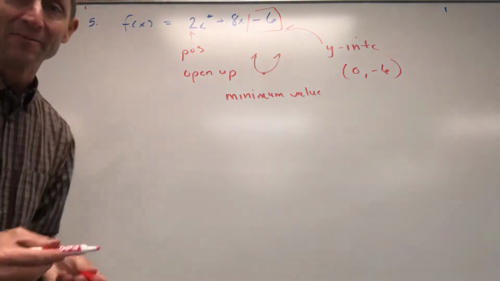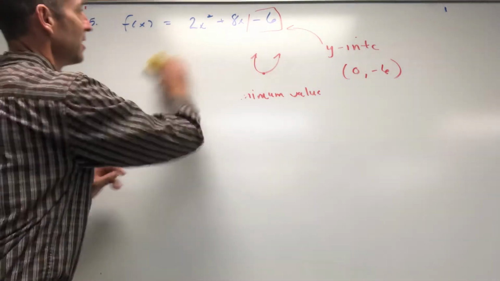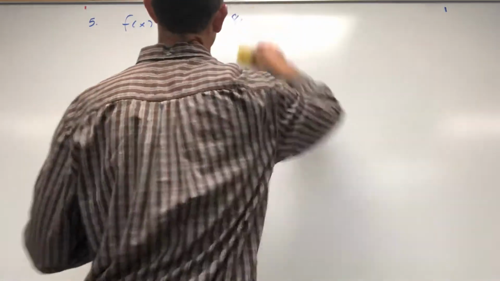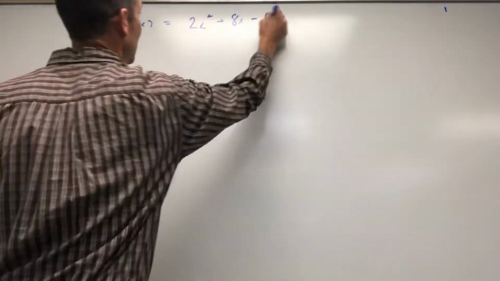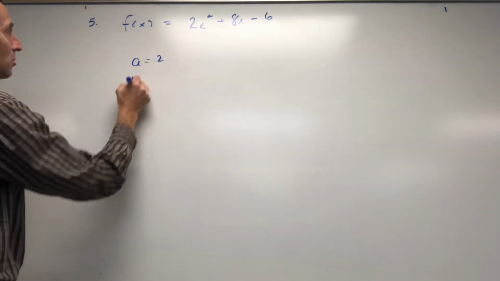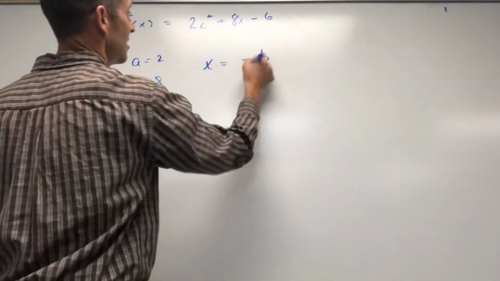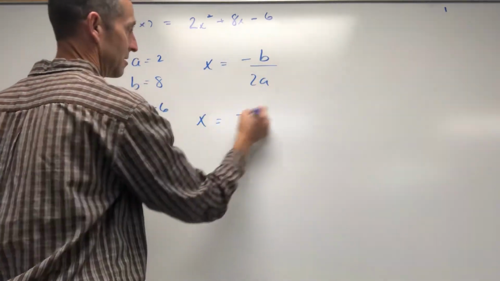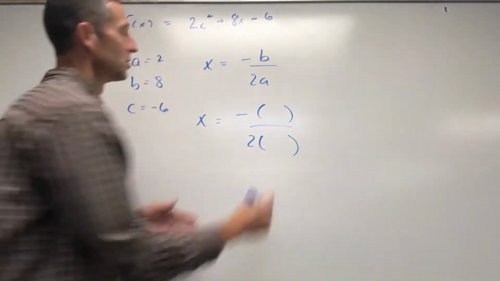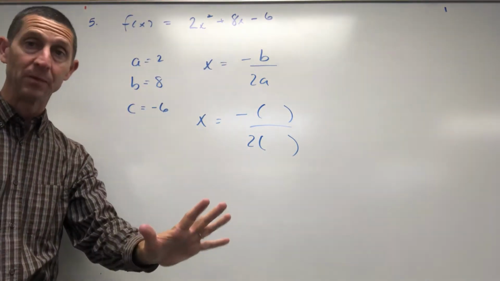All right, we put it off long enough. Let's do some math. Let's get all this out of the way. Okay, so we've got A equals 2, B equals 8, C equals -6. So we have this formula for axis of symmetry. Now we've done this.